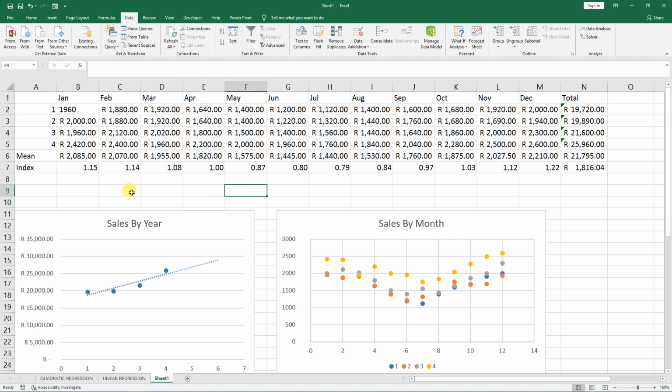So typically what I've seen people do is they would take the totals for every year, slap a linear forecast on it, calculate the total figure for year 5, and then divide by 12 in order to get the monthly forecasts.